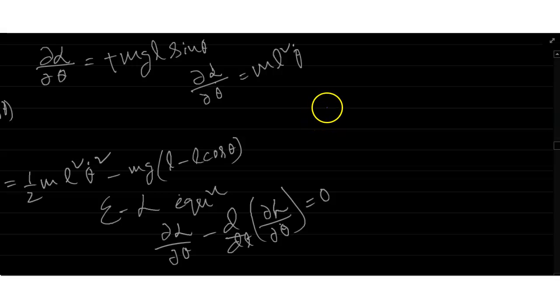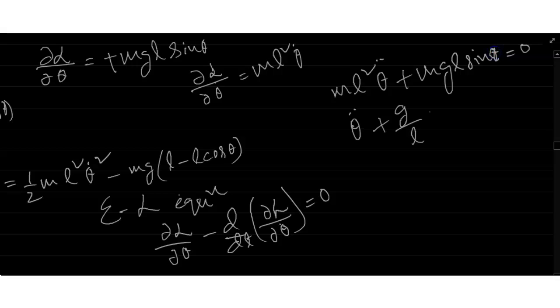So from this equation, we get m L square theta double dot plus mgL sin theta equals 0. This is the equation of a simple pendulum.